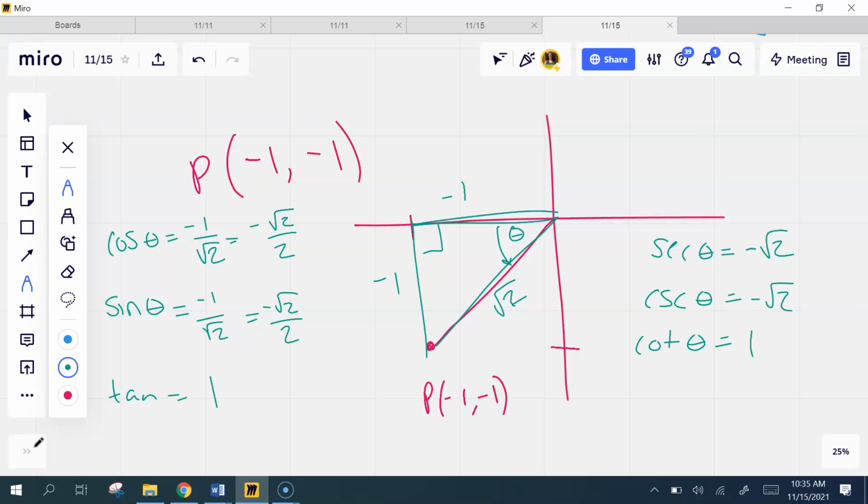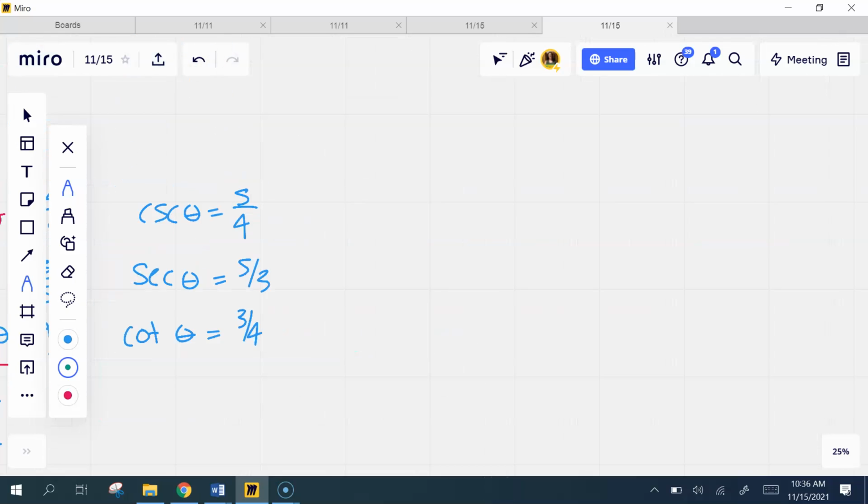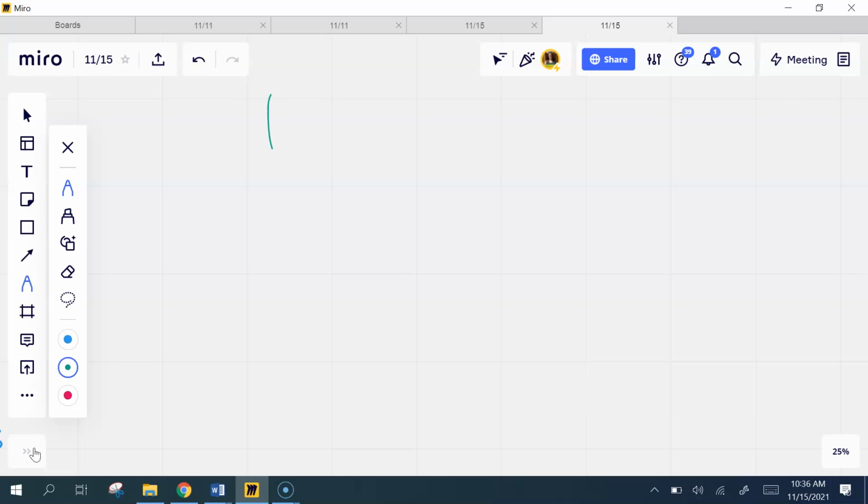If I'm in an interval, not at a point, so now I'm thinking back to the unit circle. If I am between the values 3 pi over 2 and 2 pi, where am I on the unit circle?